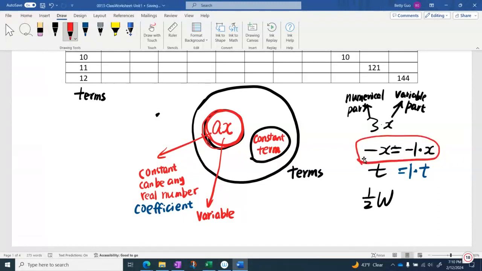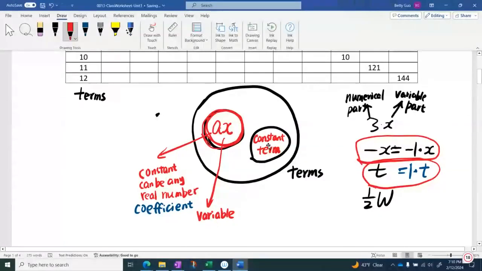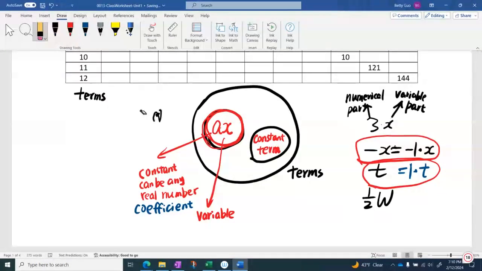And look at the t, you should be able to see that is a term as well with coefficient 1, variable part t. And the second type is the constant term. People tend to forget constants are also terms. But don't overthink. It's pretty simple. Constant is a term, okay?